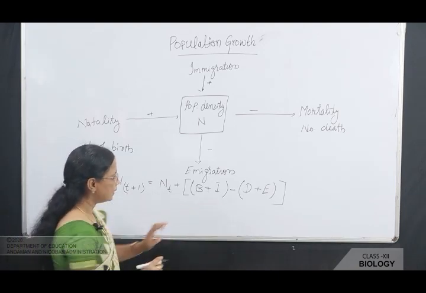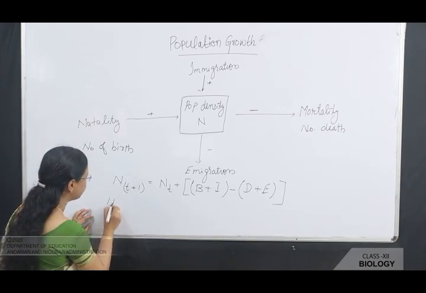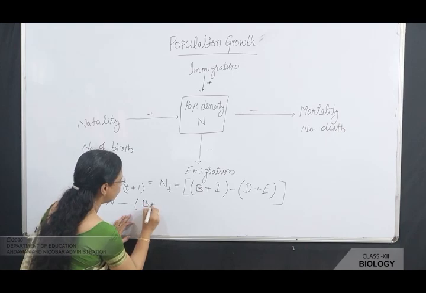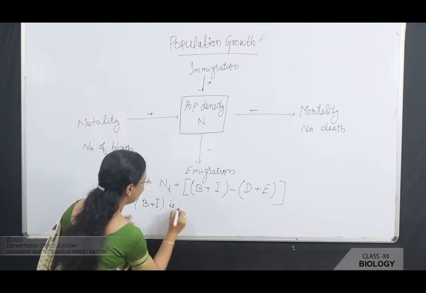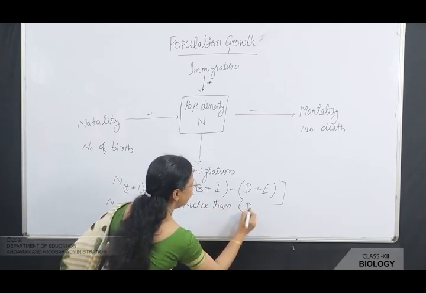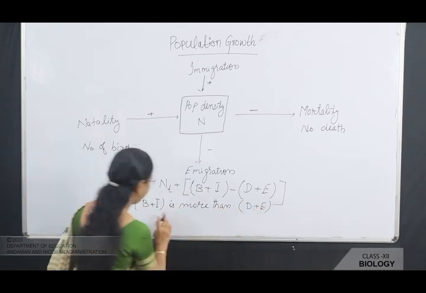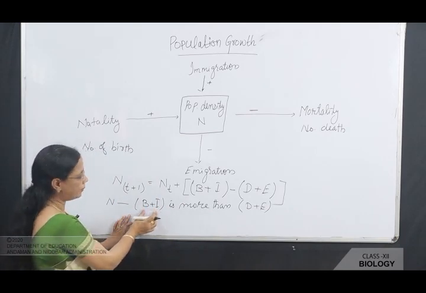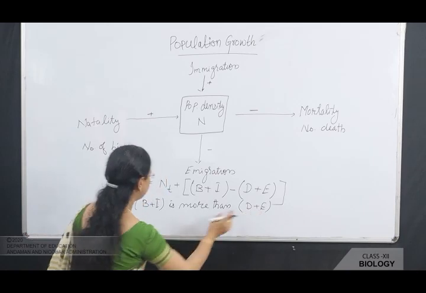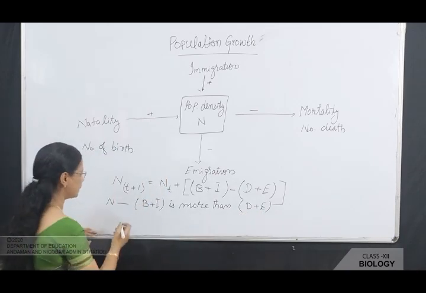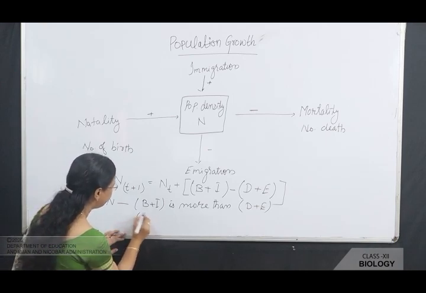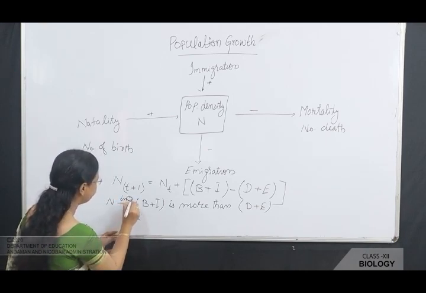Now, this population density increases when B plus I is more than D plus E. When birth rate plus immigration is more than death rate plus emigration, the population density increases.